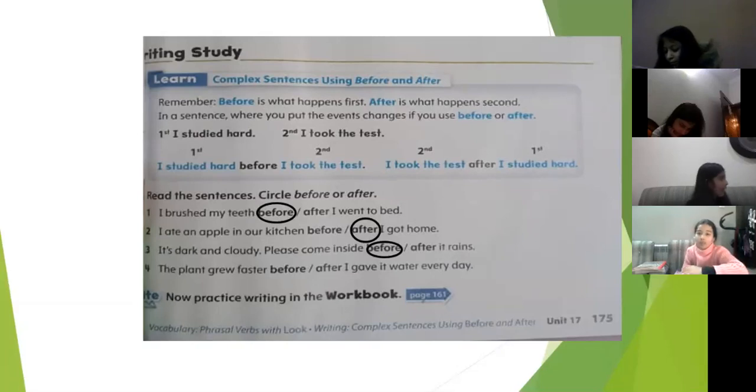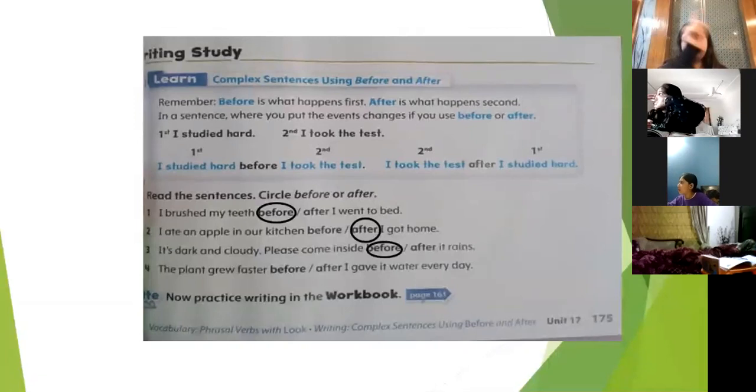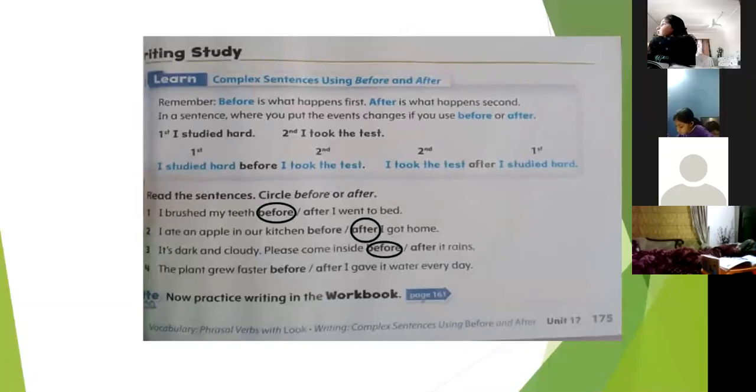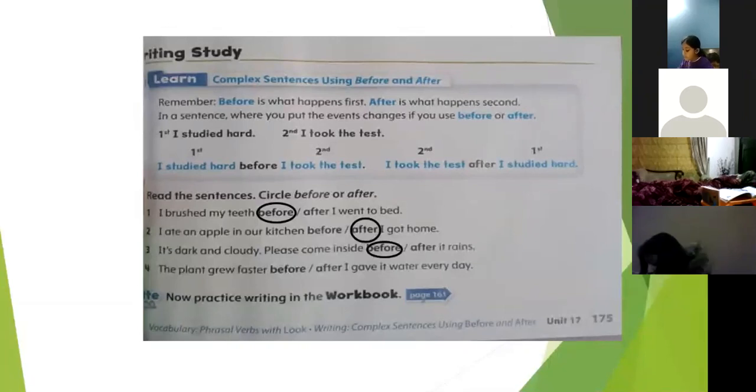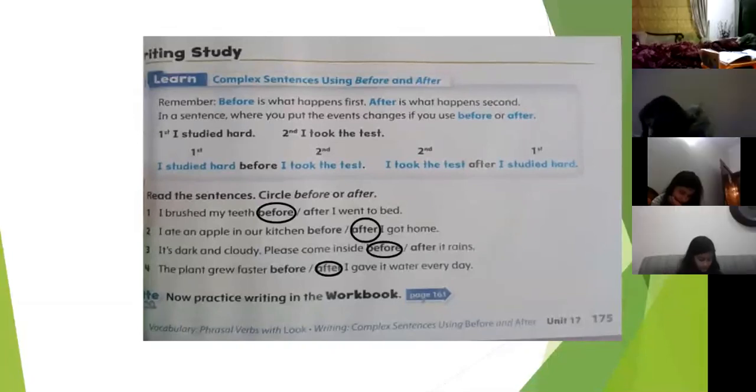Are you sure? Just mute yourself, please. Yes, Nazish? Ma'am, after I gave water every day. When you will give water, after that it will grow faster, not before, okay? So circle after all of you. Just mute yourself.